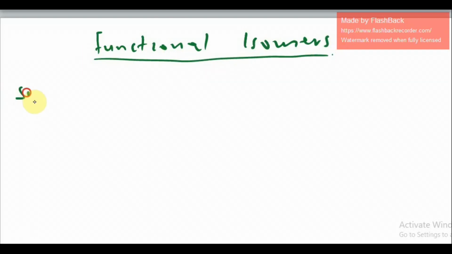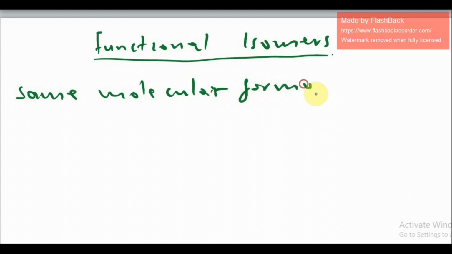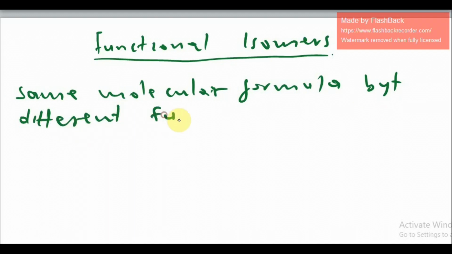They all have the same molecular formula, but different functional groups.